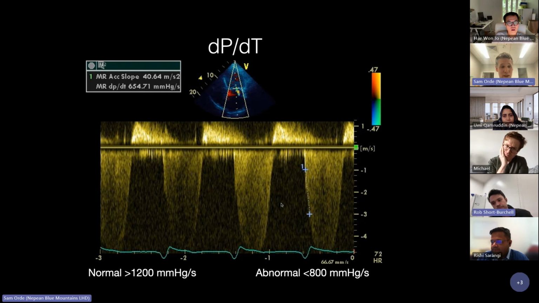Potentially this would be better, because an ejection fraction of 55% in someone who's got severe MR is not normal, right? Particularly not in the acute setting. Most of the blood's going the wrong way, so it should be doing a lot more. So as Emma said, it might be better in that circumstance than other measures of systolic function. And that's why the clinical context is so important, right? But I still think it's crap.